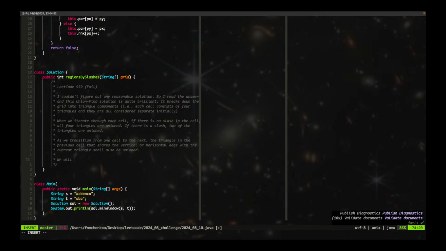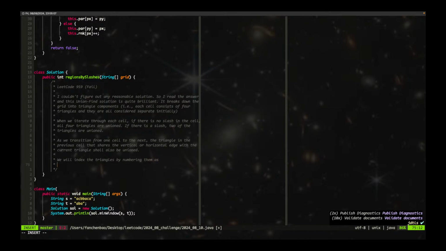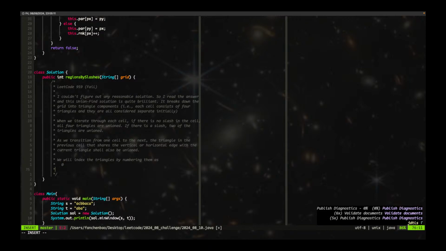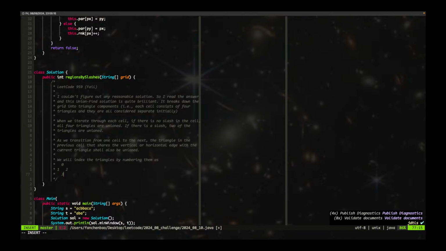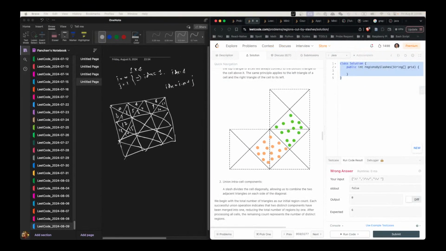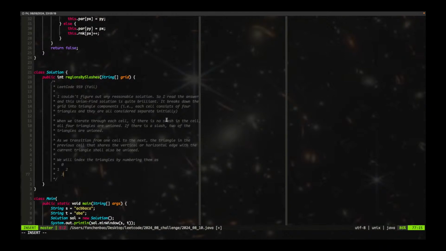And we will index the triangles by numbering them as 0, 1, 2, 3. I think that's the way we want to do, right?